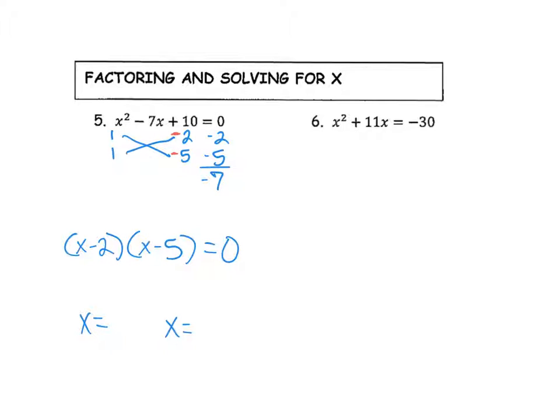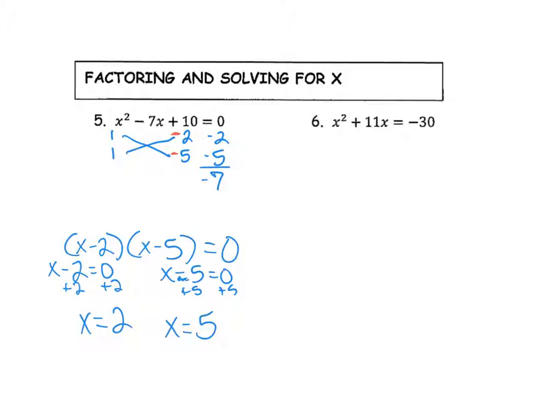Now I can set it equal to 0. Okay, do it. Solve them both. Or do it in your head. What are my 2 roots? What are my 2 zeros? What are my 2 x-intercepts? 2 and 5.